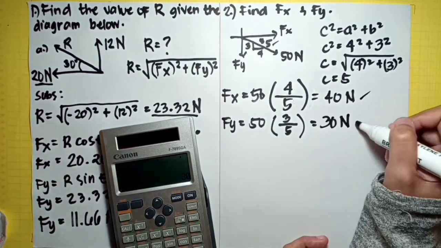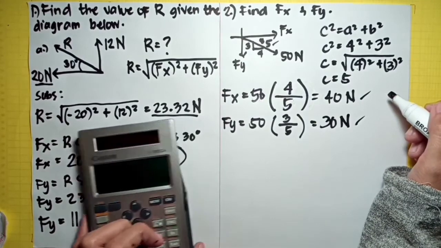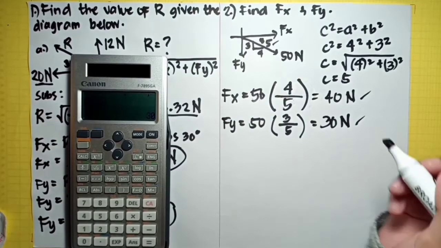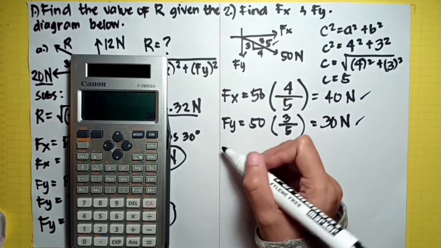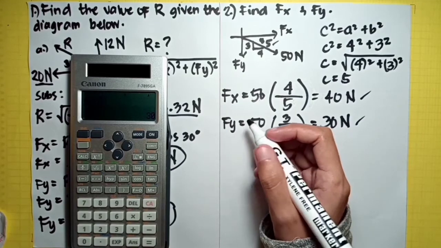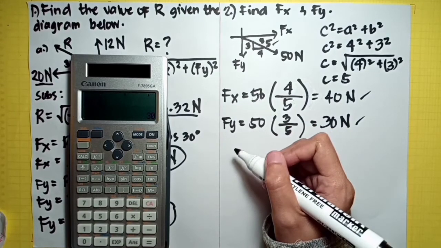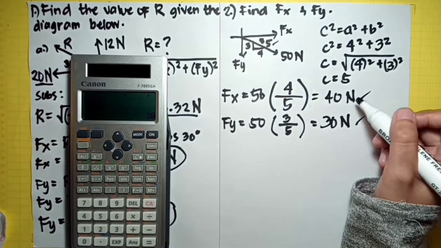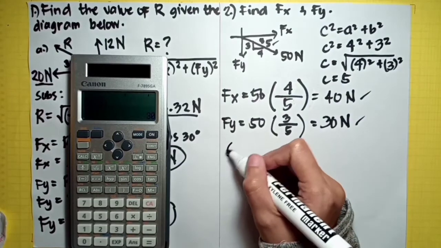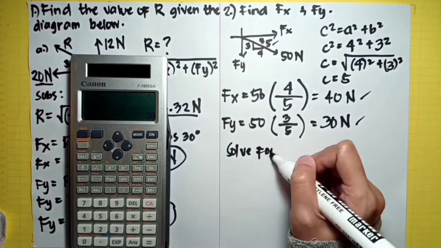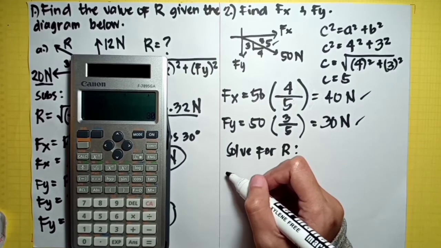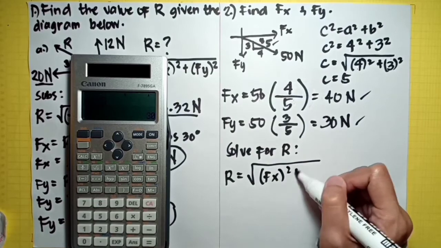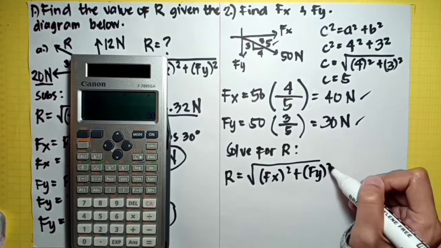So, ito na ngayon ang value na hinahanap natin sa problem, which is the F sub x pati F sub y. Now, to check kung tama yung mga answer natin, let's try checking the answer using the value of resultant. Hanapin natin yung value ng resultant gamit ang mga value ng F sub x pati F sub y. So, solve for R. So, same lang ang formula, which is R is equals to the square root of F sub x raised to 2 plus F sub y raised to 2.